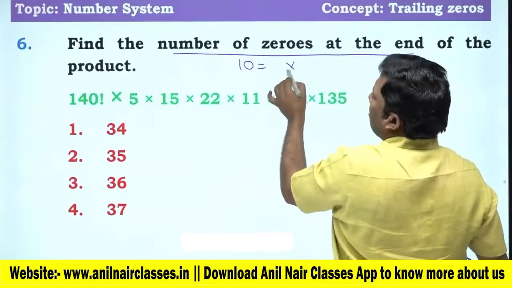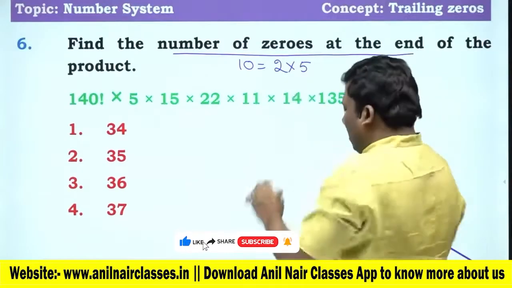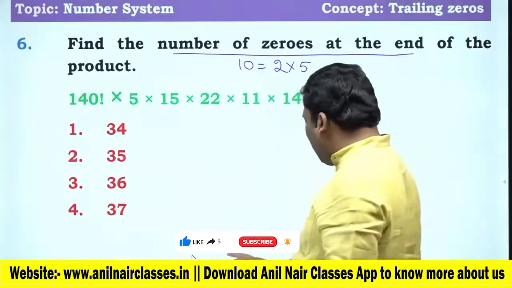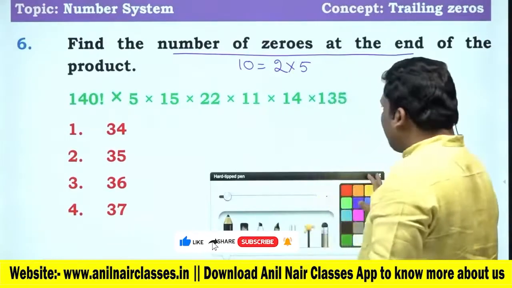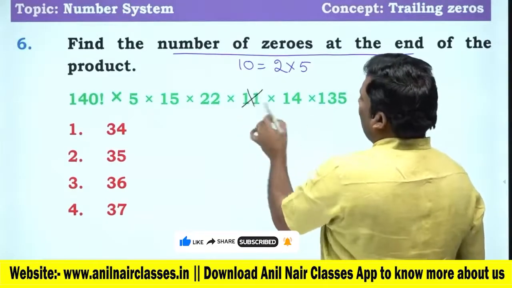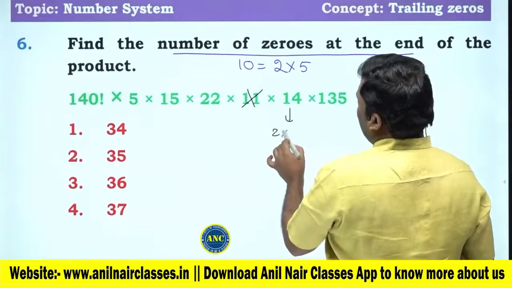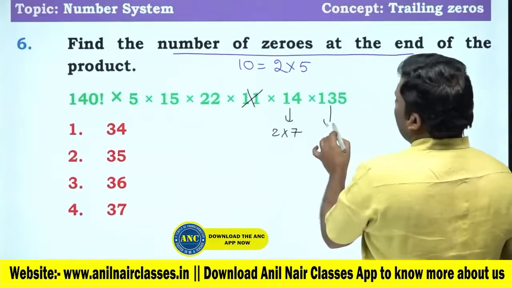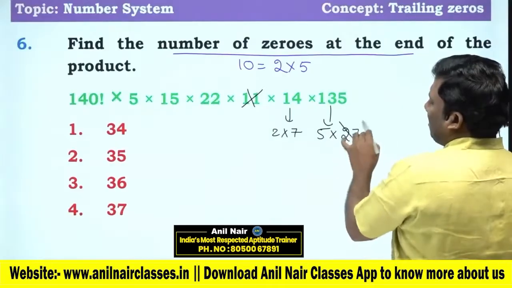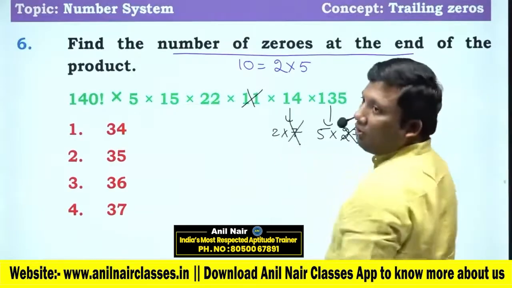It is the highest power of 10, which is the power of 2 and 5. I need the power of 2 and 5. Listen carefully, sir. 2 and 5. 11 I don't require. 14 is 2 into 7. I require 135. It is 5 into 27. 27 I don't require. 7 I don't require.